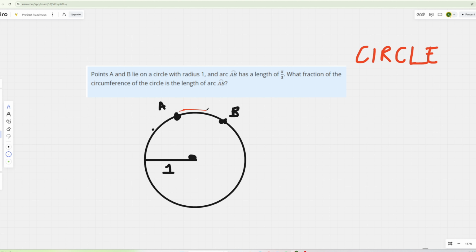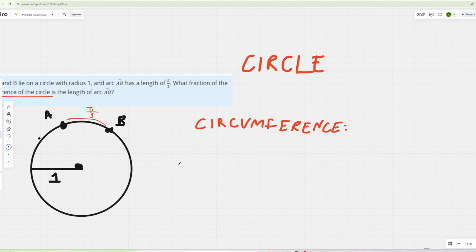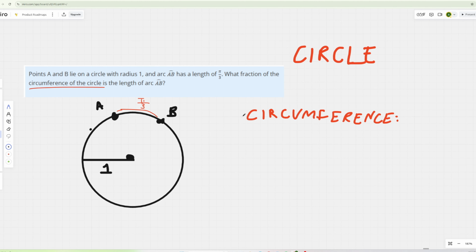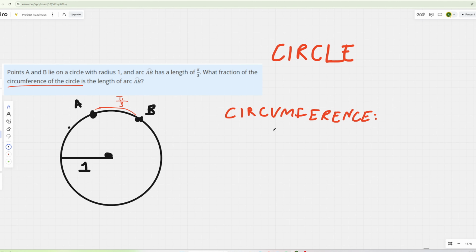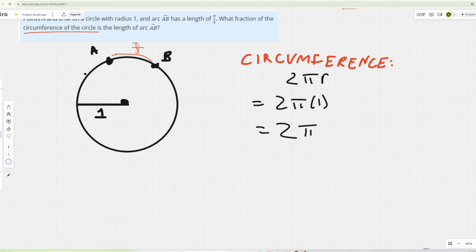It's pi thirds. So first thing I want to find is what the circumference of the circle is, right? What's the formula? It's 2 pi r. We have our radius, so 2 pi, our radius is 1. Boom. So we got our circumference to be 2 pi.